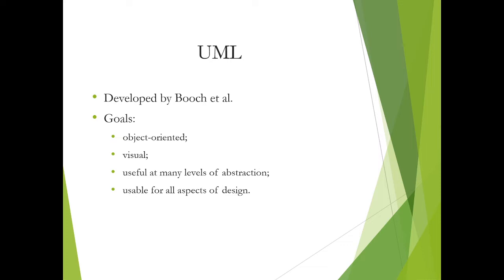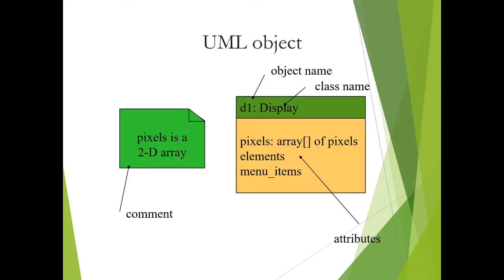So here is a UML diagram. This is the UML object diagram. On our left-hand side there is a comment, which has no semantic meaning; it is just a comment that we see in a folded-over corner, like a piece of paper.